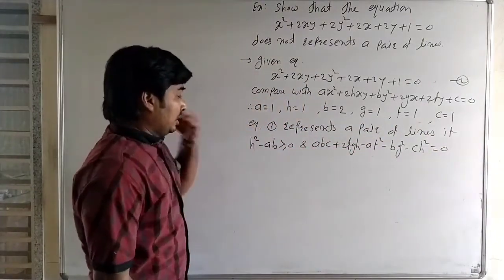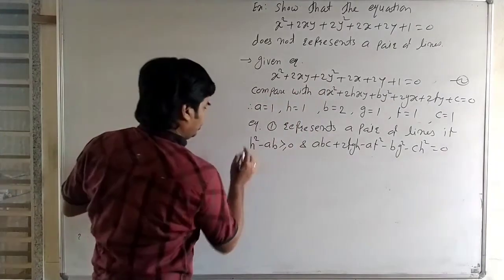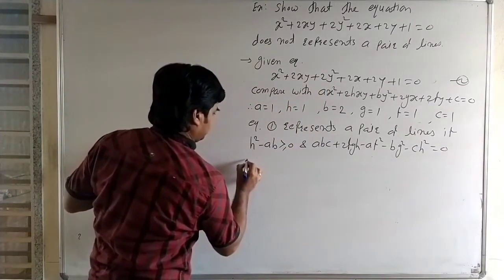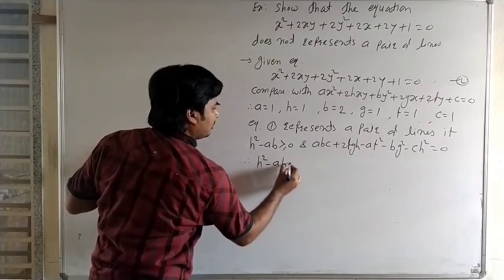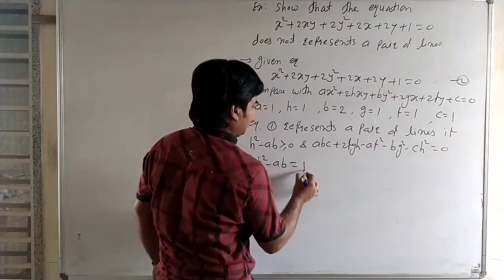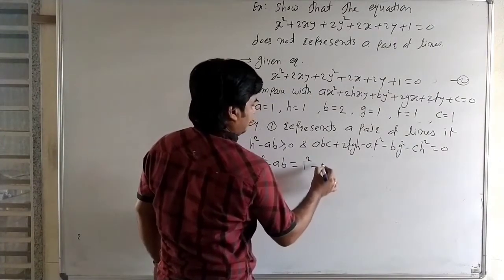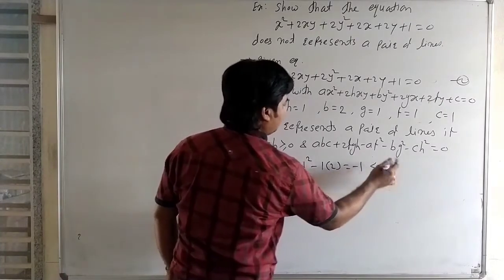Okay. Now the equation 1 represents a pair of lines if this condition is satisfied. Now first find h square minus ab, h square it is 1 square minus ab, 1 into 2, and it is minus 1 which is less than 0.